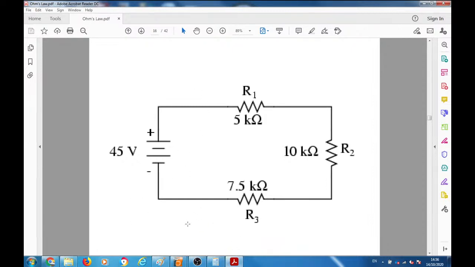Then you have to calculate the current through the circuit, and this is probably something where you would need a calculator. Once you know the current, you just multiply the current with each resistance, and you get a voltage drop across each resistor. You get one there, one there, and one down here as well. And all 3 voltage drops should add up to about 45 volts.